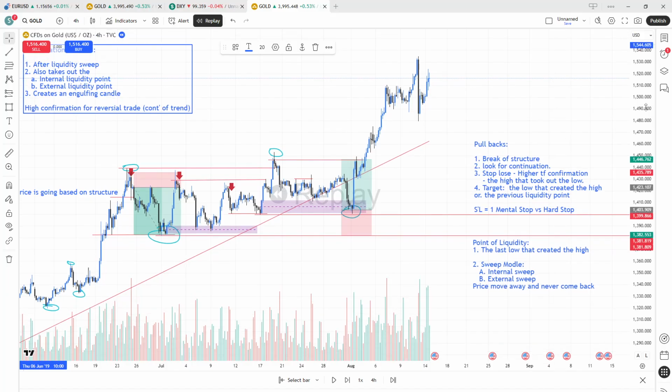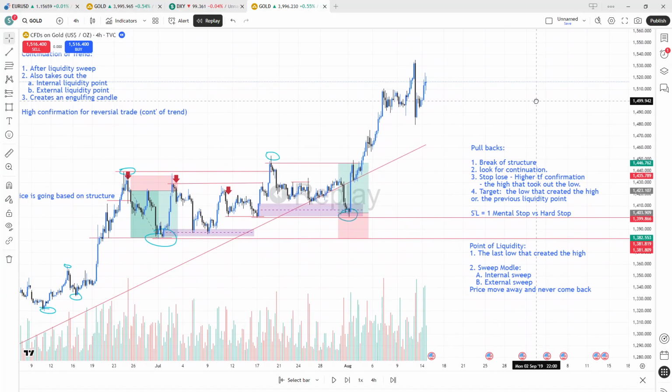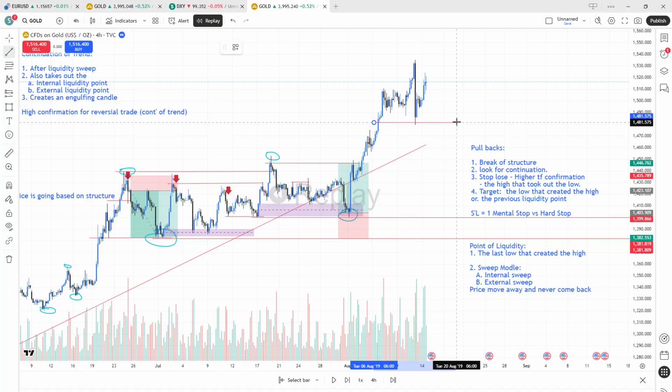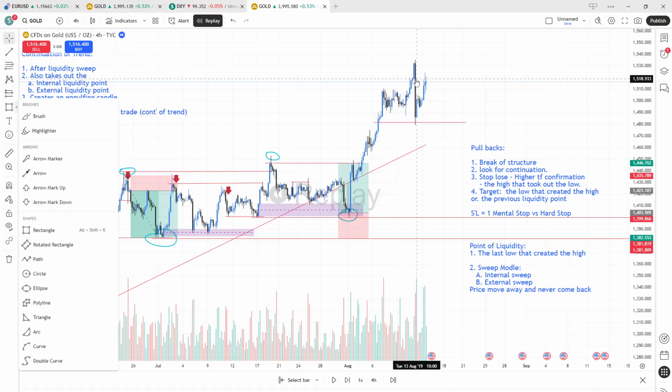So with this, what do we see? We see a sweep model. Yeah, we do sweep the internal and external right here. We do have a sweep. But is price going to come up here?